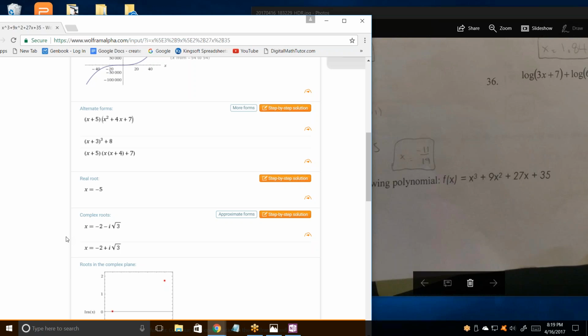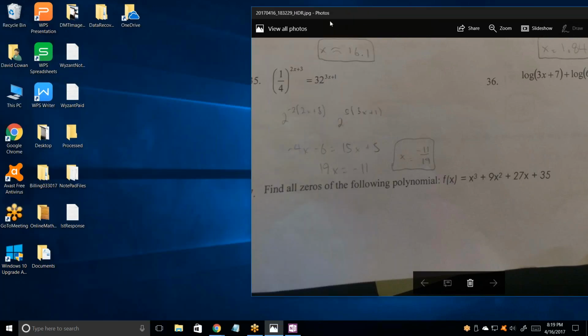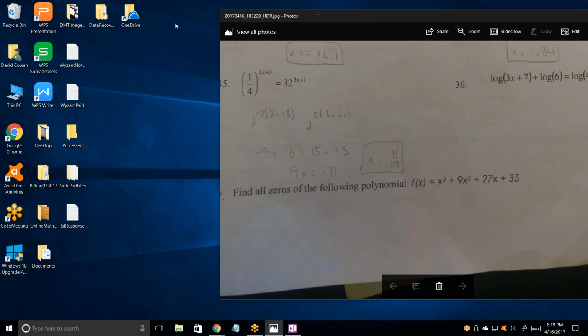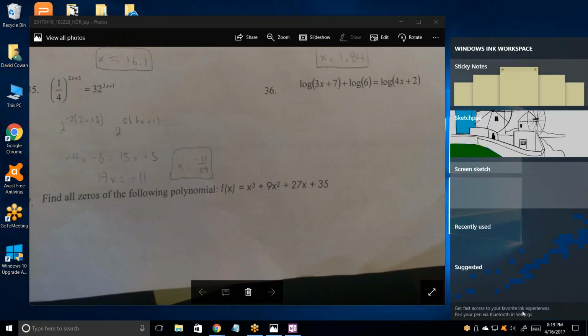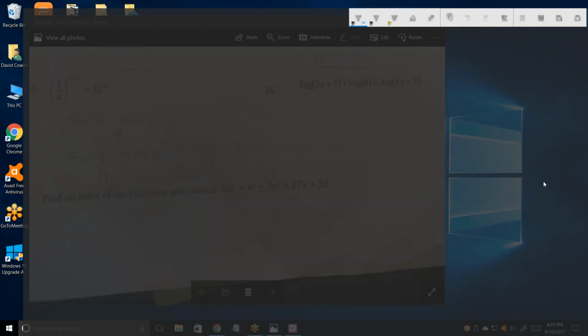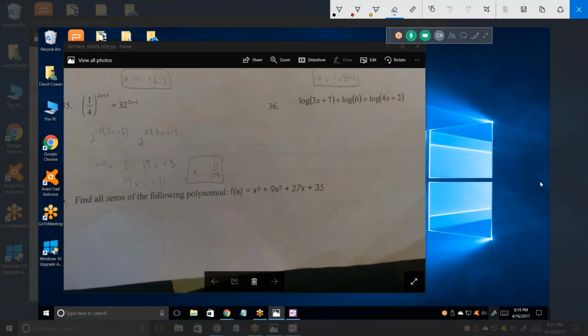Now, let's talk about what they might have wanted you to do here. Can't talk about it without talking about p over q. Does that ring any bells? They haven't given you the rational factor theorem yet? Here's what it says.